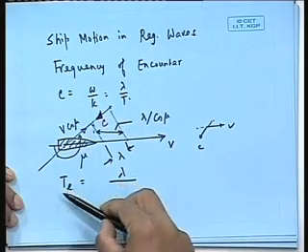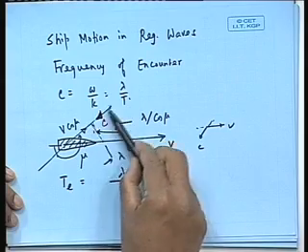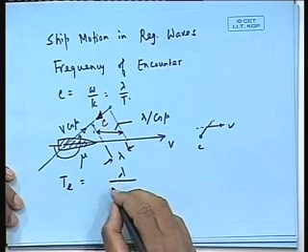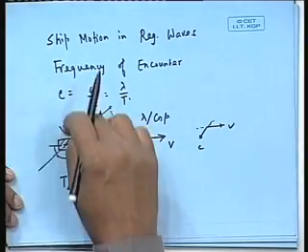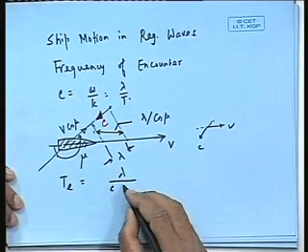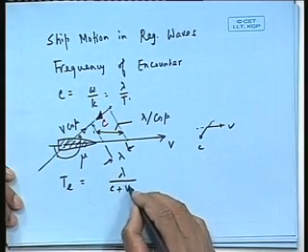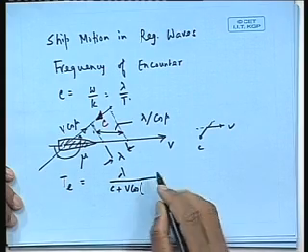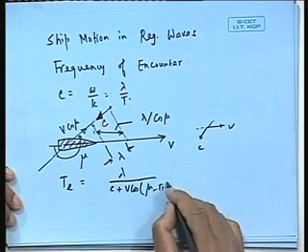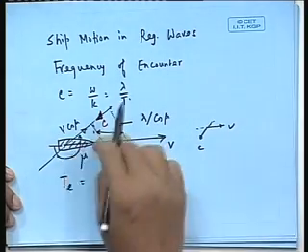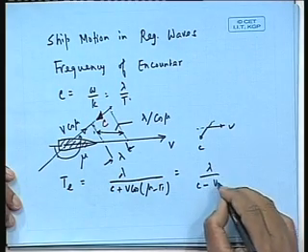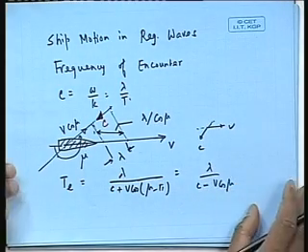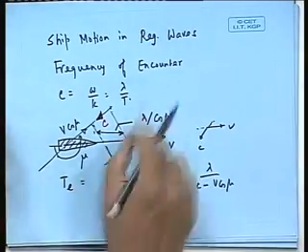So, the encounter period is the length lambda divided by c minus v, not cos mu. Mu is written here in this way, so it is going to be c plus v cos of mu minus pi, because of the way mu is defined here. Basically, we can work it out.